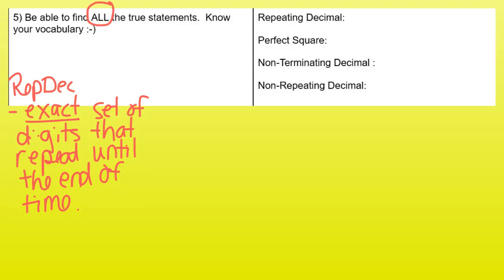Keep pausing me to get caught up. A perfect square. If you look on page 17, I'm flipping back to it. We have a definition right there, but it is technically a number times itself.